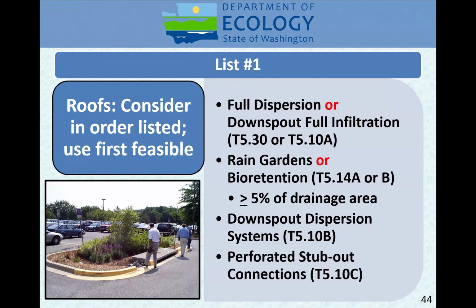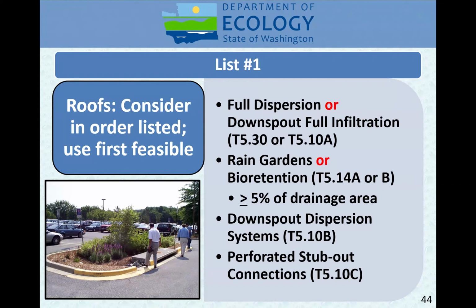So full dispersion is a specific BMP where you have to set aside 65% of your site as undisturbed land, and you have to drain all the water to that undisturbed land, and you can only have a maximum of 10% of your site be impervious. And so that is a site design criteria.